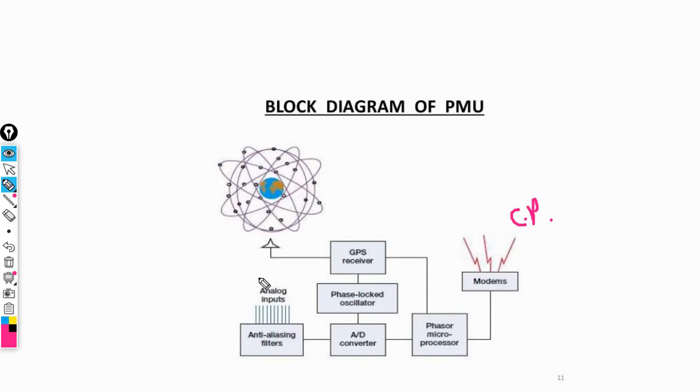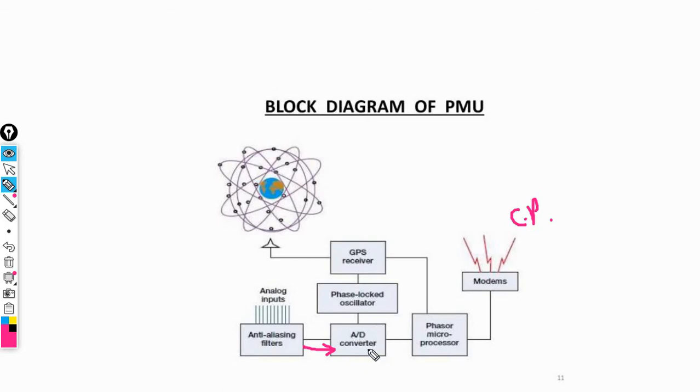Now the analog input, that is the analog signal, is given to the filter. The main function of the anti-aliasing filter is to remove the disturbances in the analog signal, and the analog signal is converted into a purified analog signal. This purified signal is given to the input of the A to D converter.